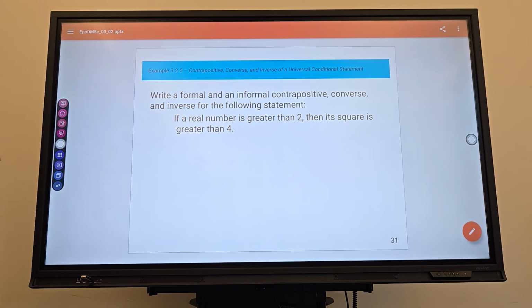Contrapositive, converse, and inverse of the following statement: if a real number is greater than 2, then its square is greater than 4. Contrapositive is if a number's square is not greater than 4, then the real number is not greater than 2.